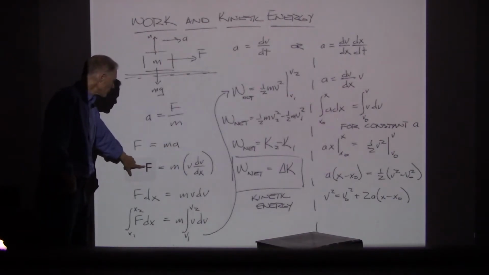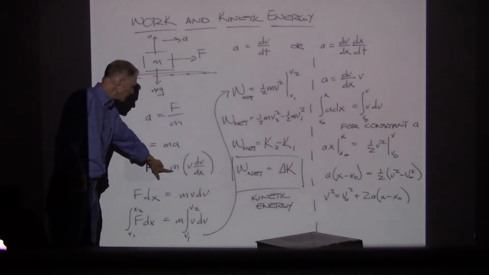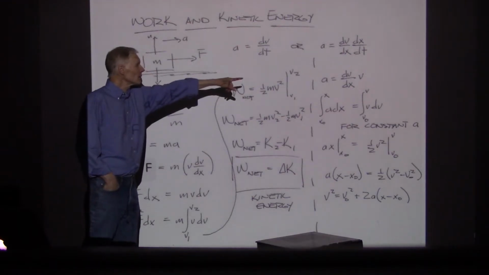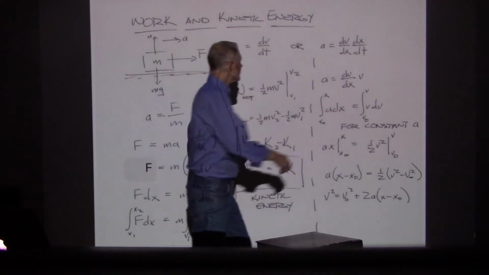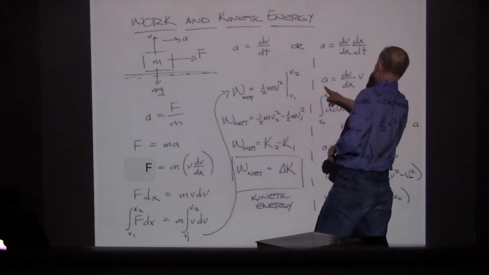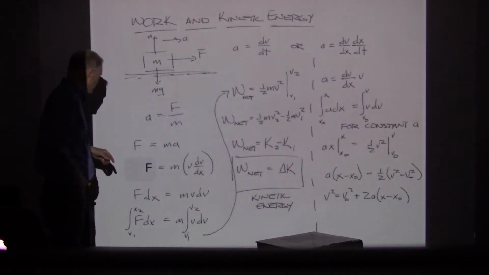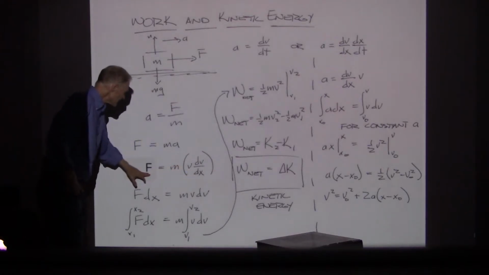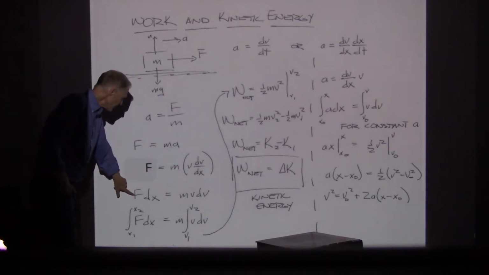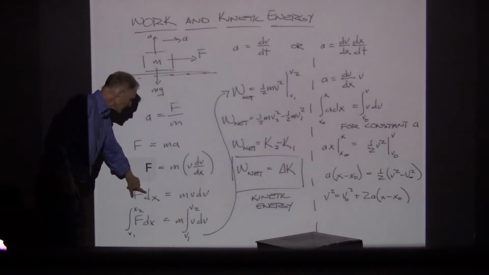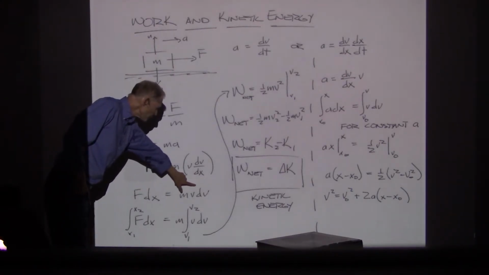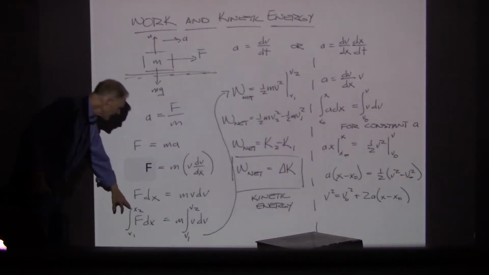That means that the force could be written as m times v dv/dx. So this time, I'm going to make use of this expression that I'm not standing in front of. If I bring the dx to this side it becomes F dx, and the other side becomes mv dv. Now I can integrate those.